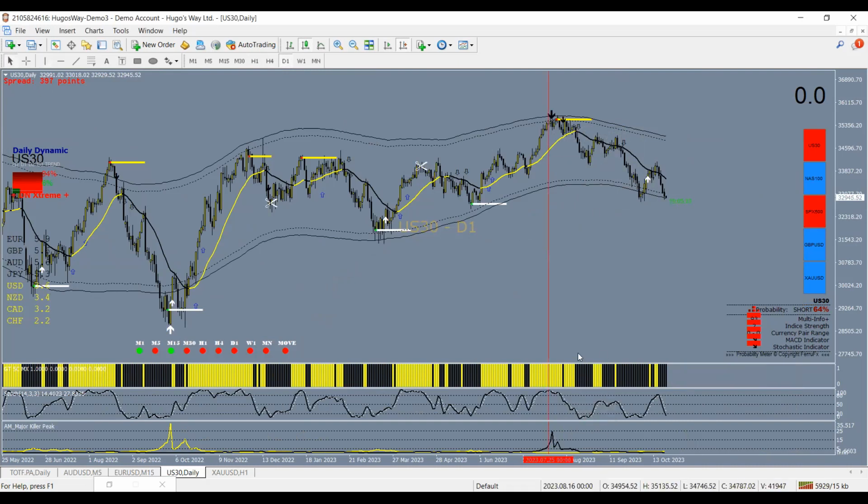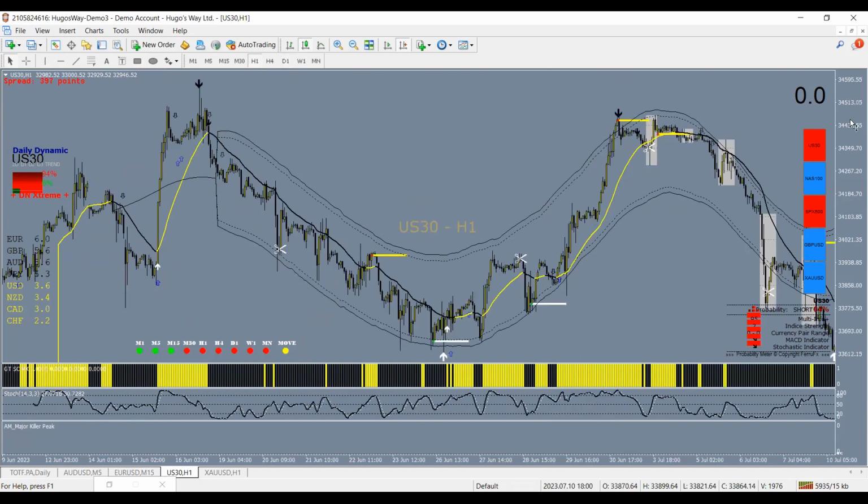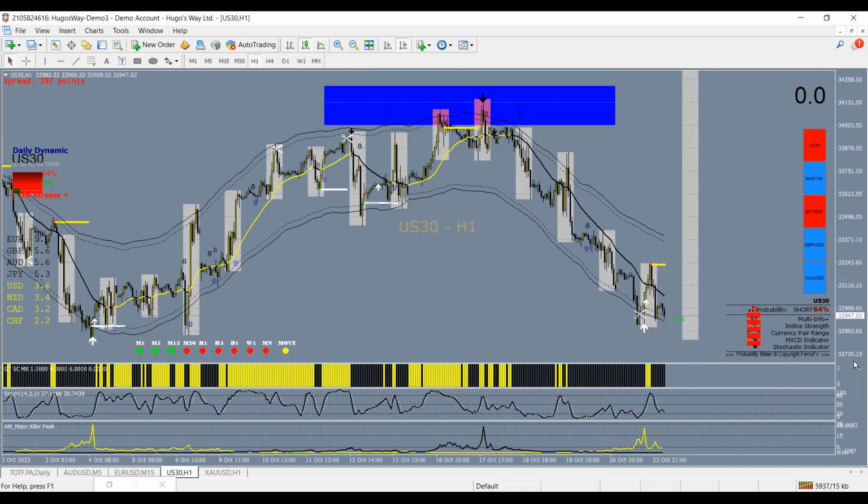Bullish spike, overbought, bearish momentum, and then you've got to remember your price action: push phase, enter the trade, pull back, enter the trade, pull back, enter the trade. And you'll see that no matter what time frame you're on, you're going to get a nice signal based off the price action.